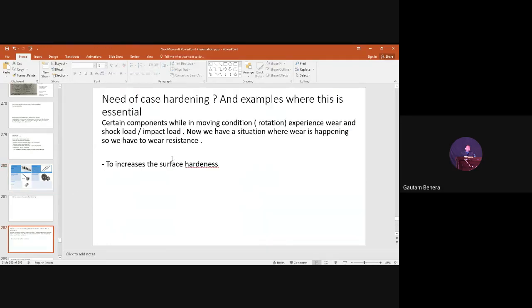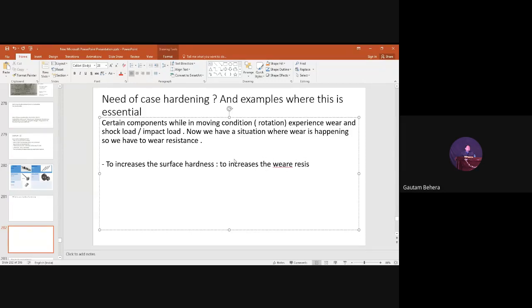So I have written here: increase the surface hardness to increase the wear resistance of the surface.